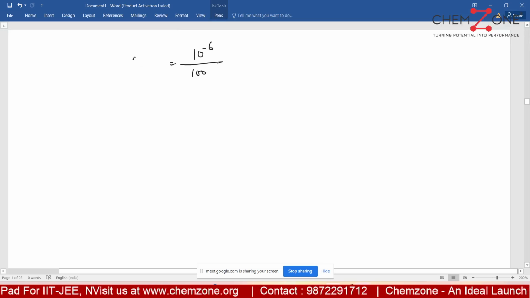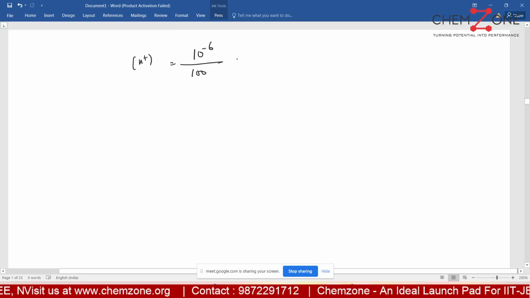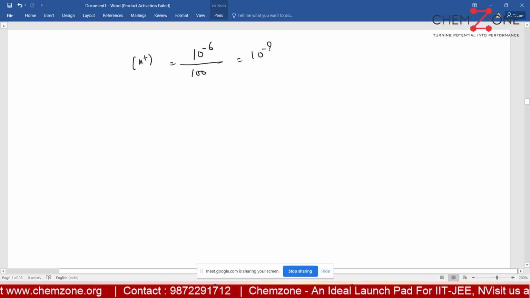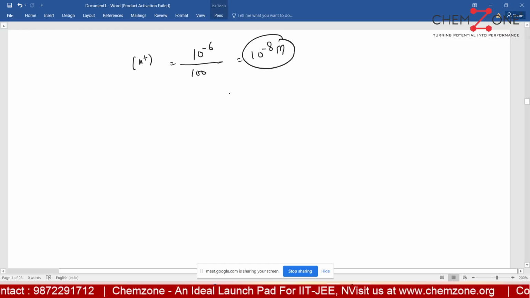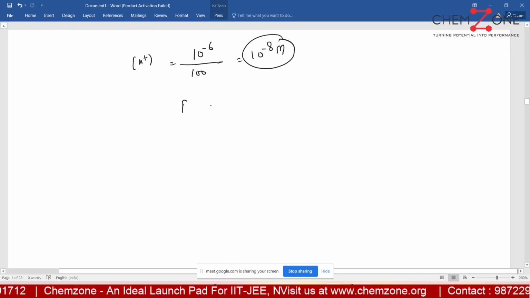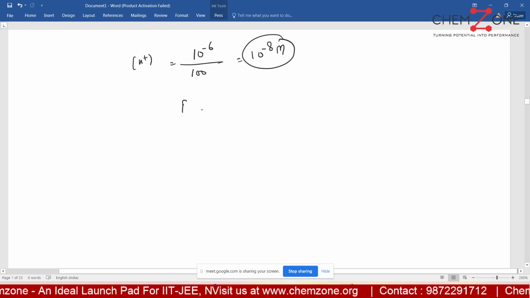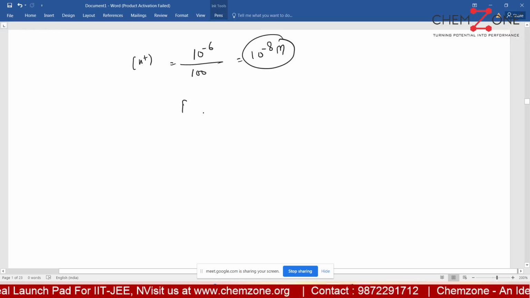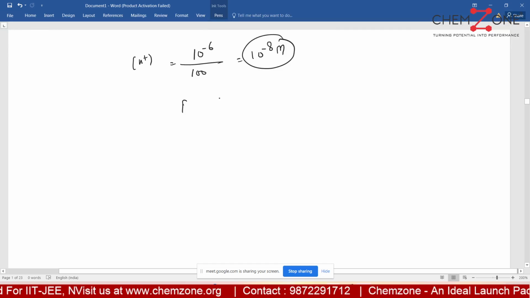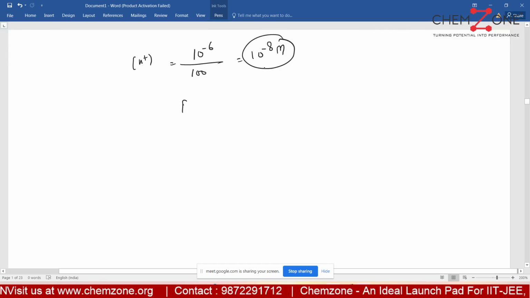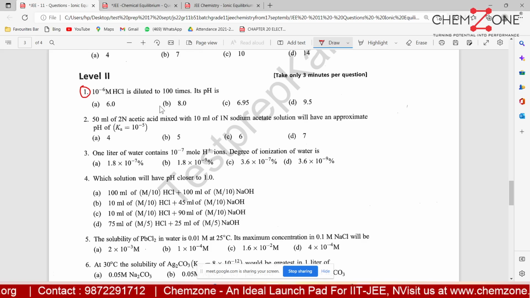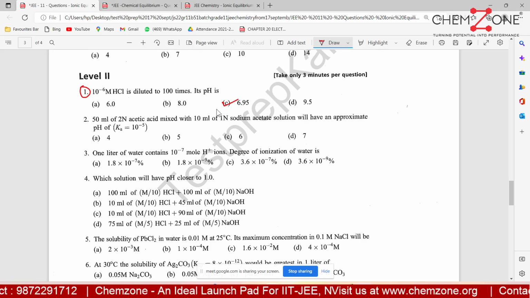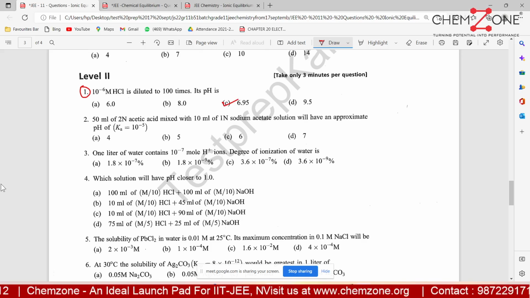It means the concentration of the H positive ion will not decrease by 100 times. If we directly calculate the pH, that will come out to be 8. That is not possible. Right? It means, again, the pH will be slightly less than 7. No need to calculate. We can say it is 6.95. Understood?